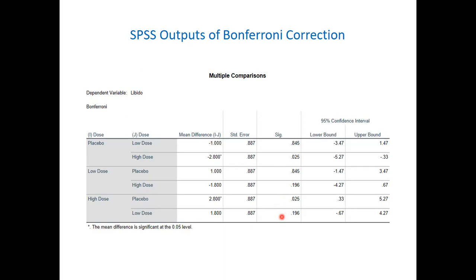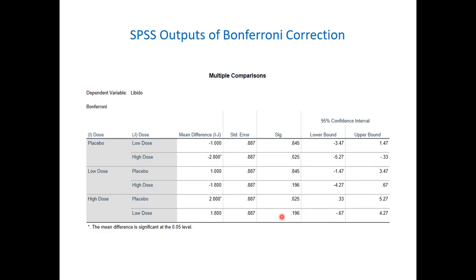So the difference we have found in our ANOVA is between the placebo and high dose. The other one is not statistically significant. If you use least square difference, this other one is almost significant.